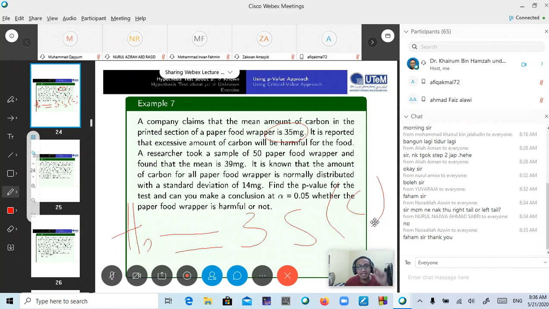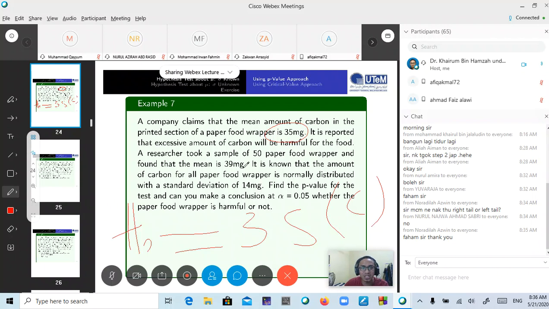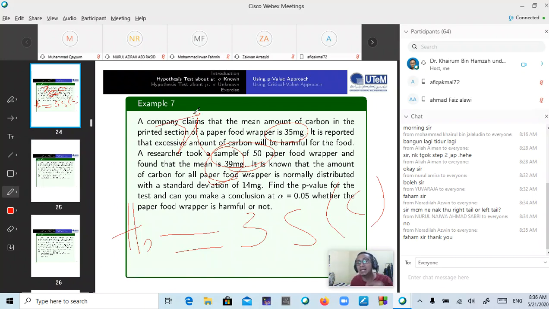Sebab yang dia claim adalah is 35. Okay. It is reported that excessive amount of carbon will be harmful for the food. Researcher took a sample. So, your n equal to 50. Researcher found that mean 39 is your X bar. Sebab dalam satu ayat sampel, ada juga bercerita pasal mean.